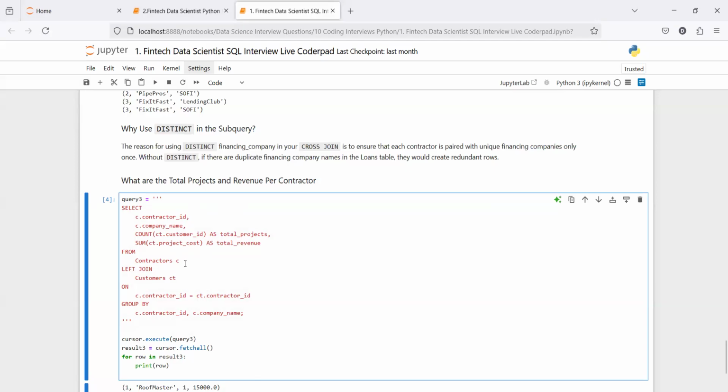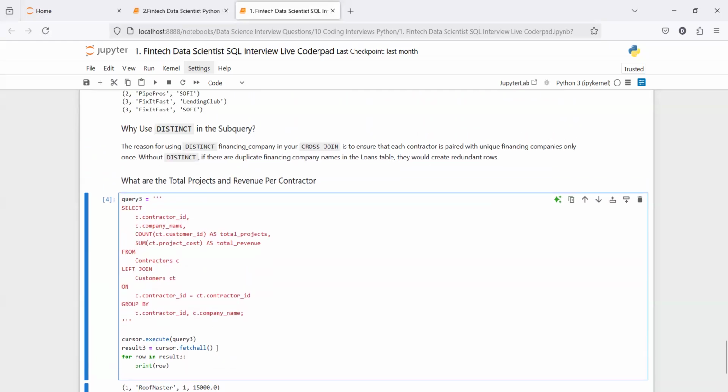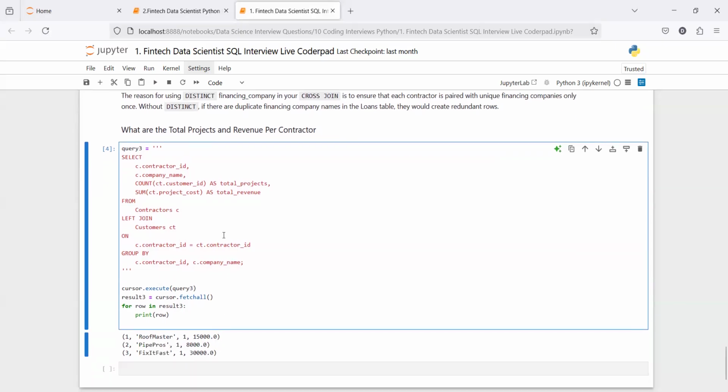So the point that I want to make here is that this group by and these count and sums in the select statement are related, okay? And that's basically what you would do to get the answer to this query, okay? So Roof Master, 15,000, Pipe Pros, 8,000, Fix It Fast, 30,000, okay? And that was basically it.